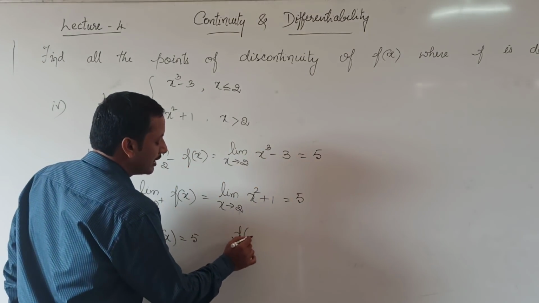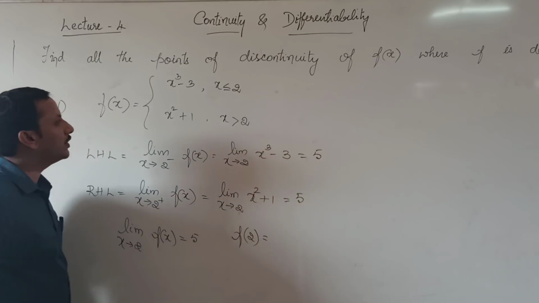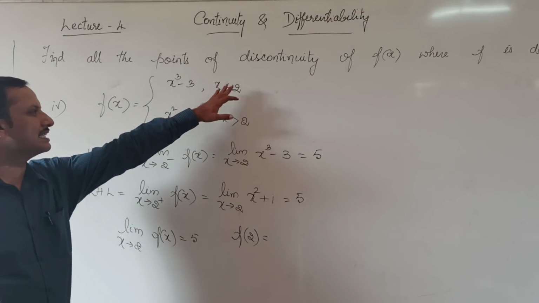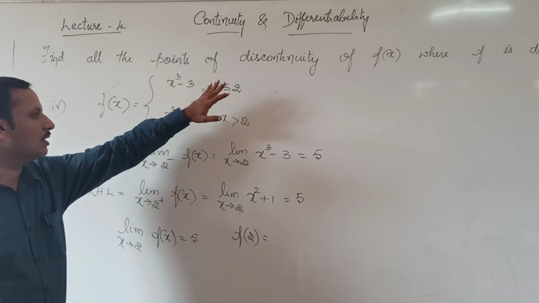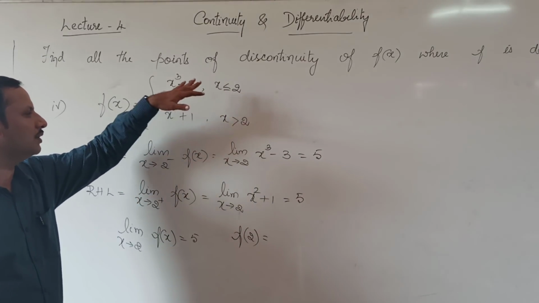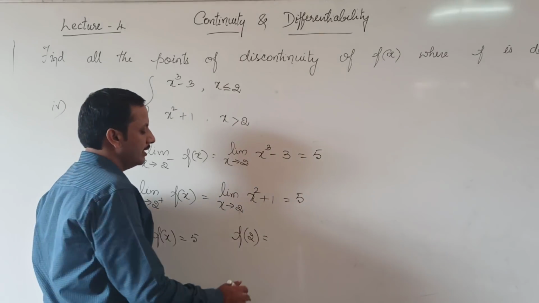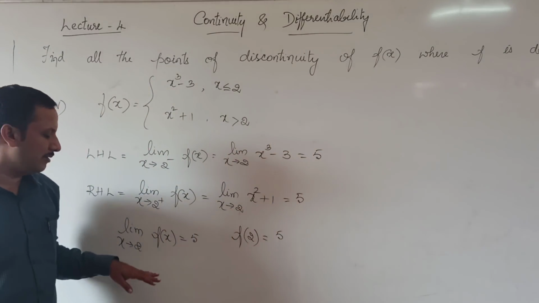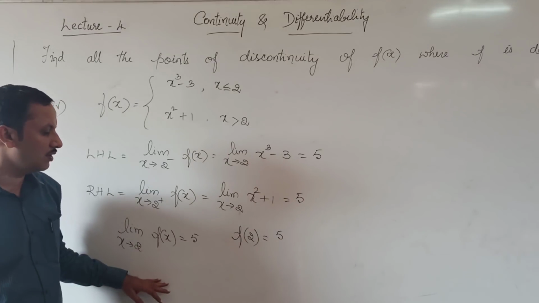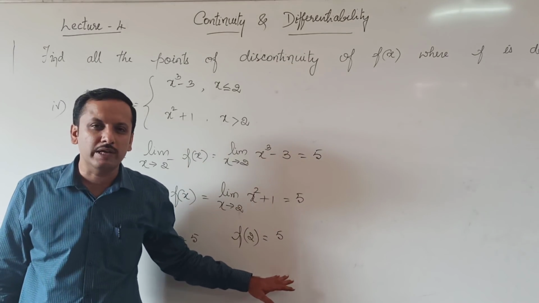Then we need to find f of 2. When x is less than or equal to 2, f of x is defined as x cube minus 3. So putting x equal to 2, you get 2 cube minus 3, that is 8 minus 3, which is 5. So limit x tends to 2 of f of x is 5, and f of 2 is also 5.